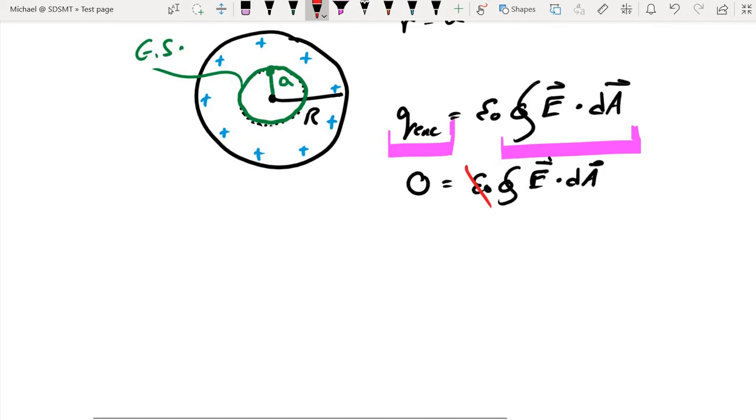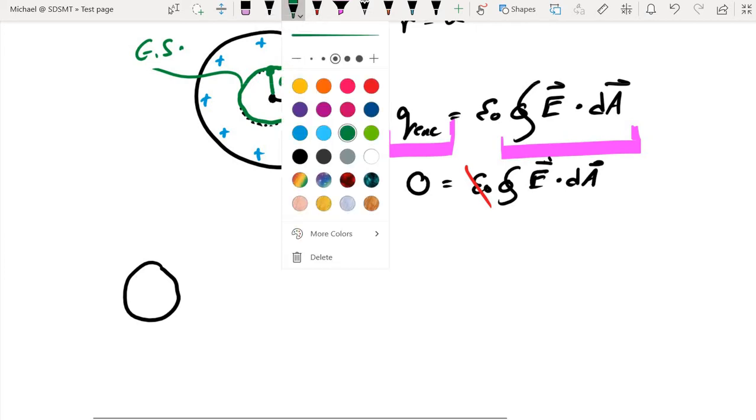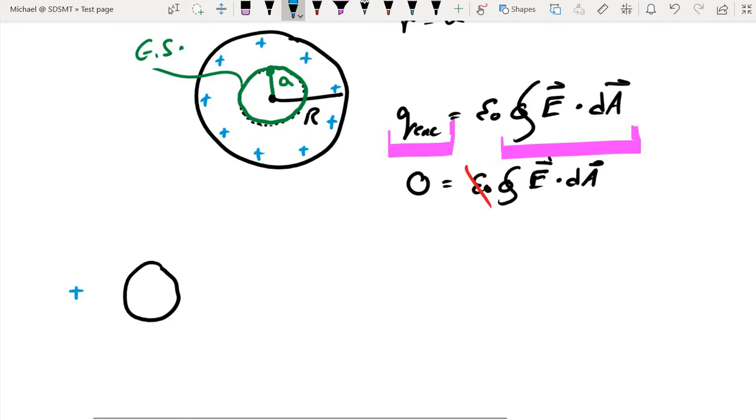And the reason that this is true, let's take another sphere down here, and we'll have a charge over here somewhere. Now this charge is going to be sending electric field lines out in all directions, and so we can see some of those field lines are passing through the surface of our sphere.